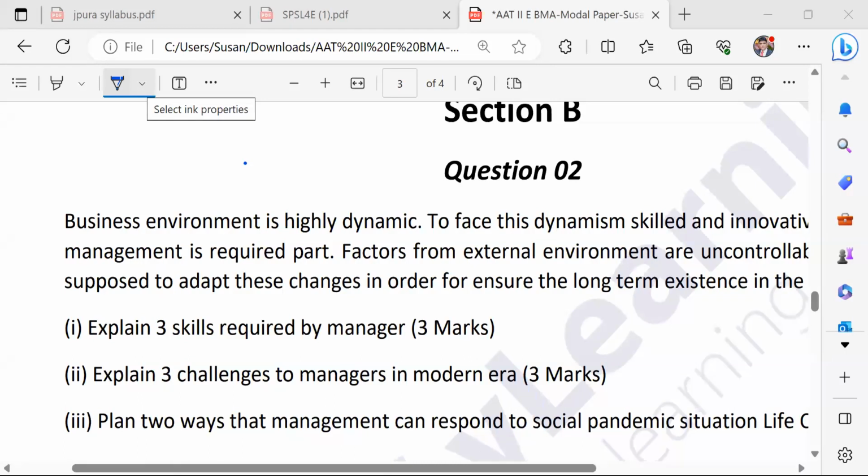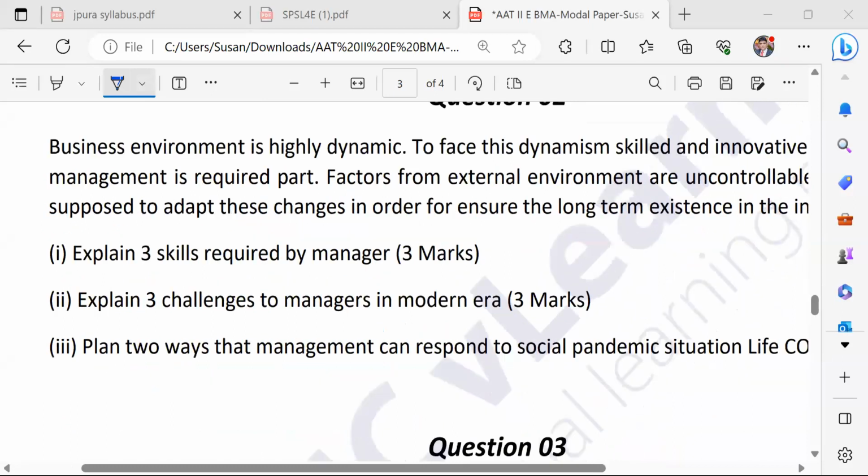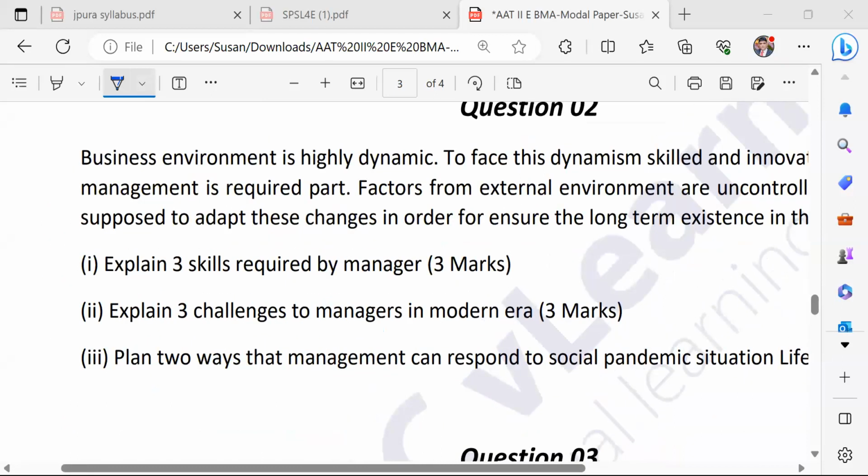Explain 3 challenges to managers in the modern era. What are those challenges? There are different challenges.